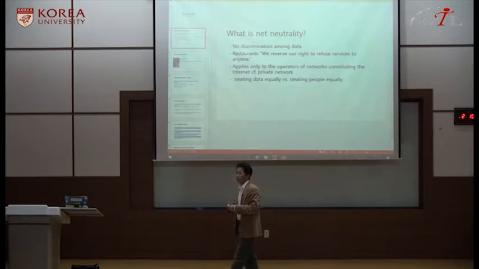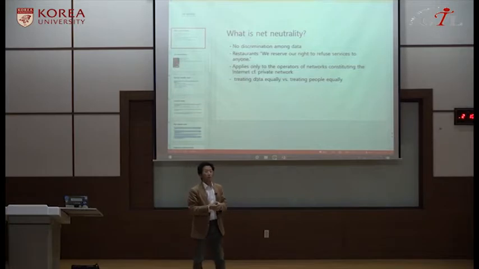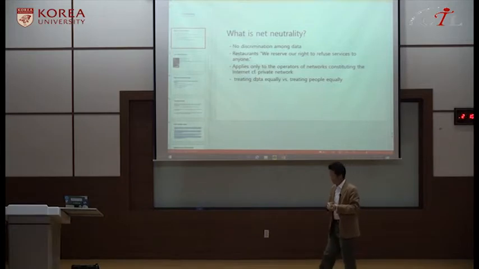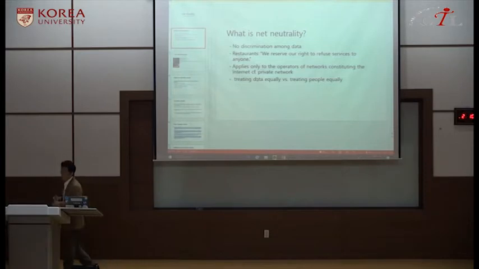Library can have its own network of computers that it makes available to the users of the library. A big church may have its own network of computers as well. And those private networks can freely discriminate different types of data and different types of users. It applies only to the operators of the networks that constitute the internet. Okay?